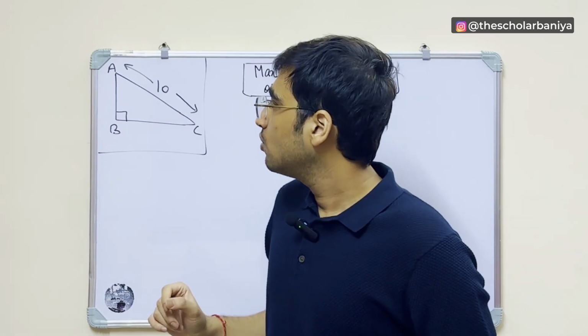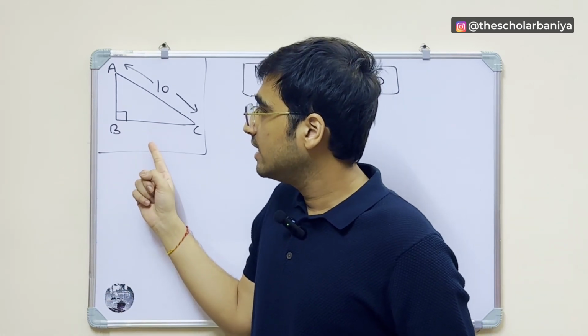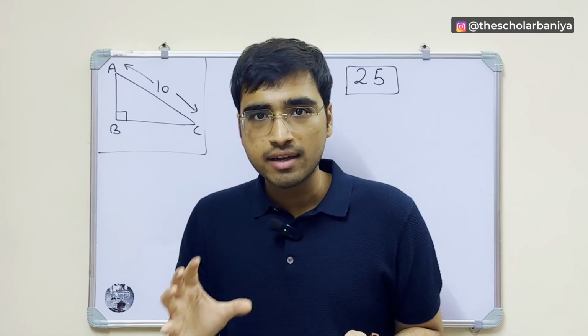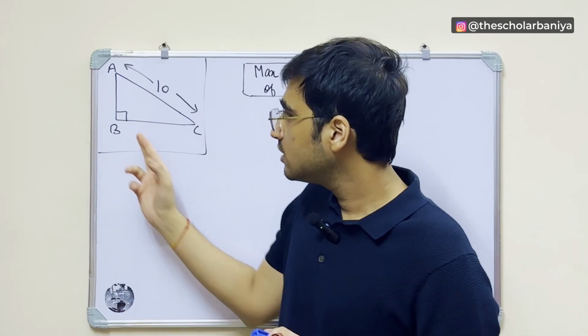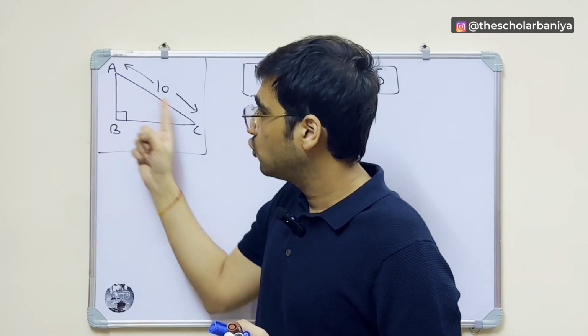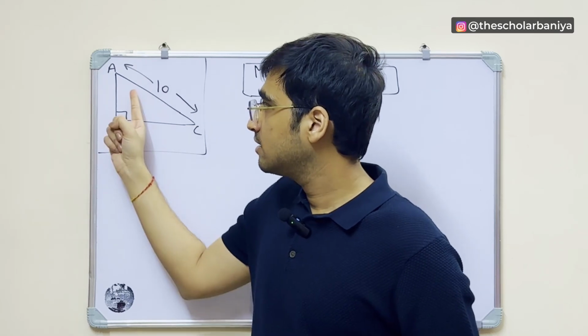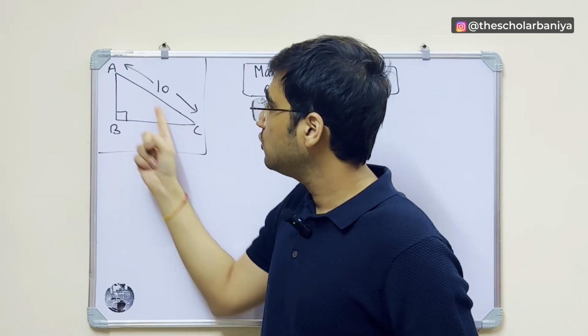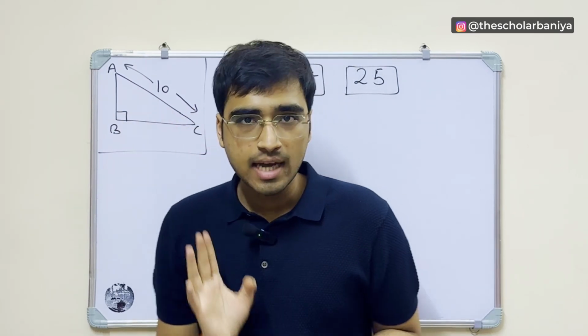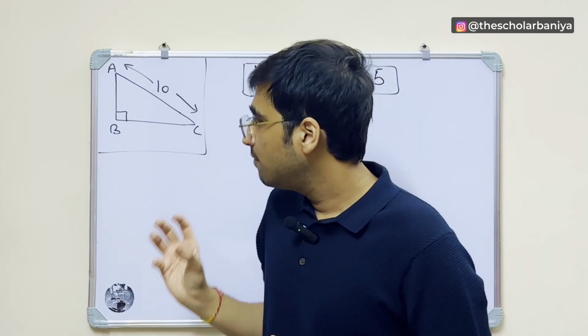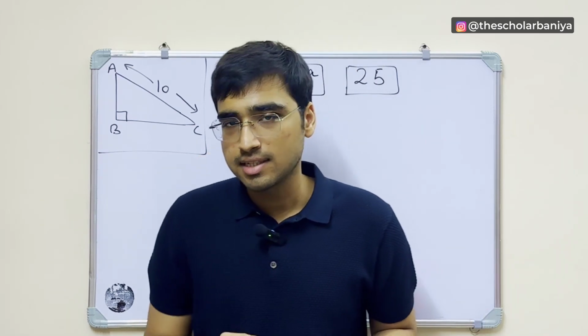So if we want this case to be converted into an equilateral triangle, this is not possible because the side AB should be less than 10, and the side BC should also be less than 10. So an equilateral triangle is not possible in this case.